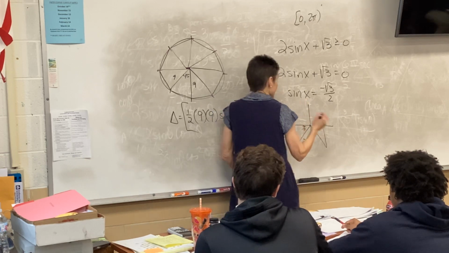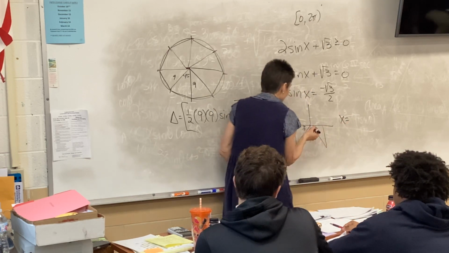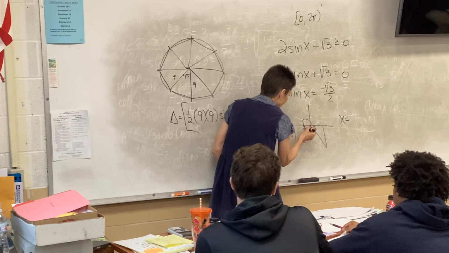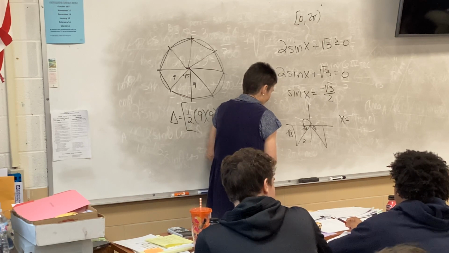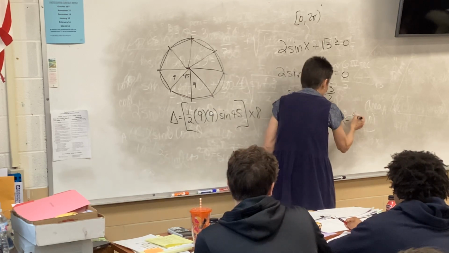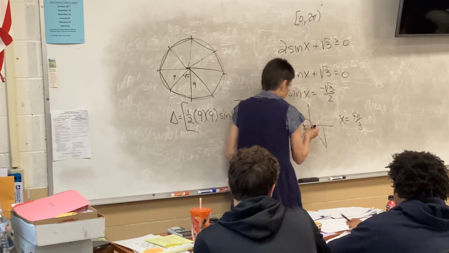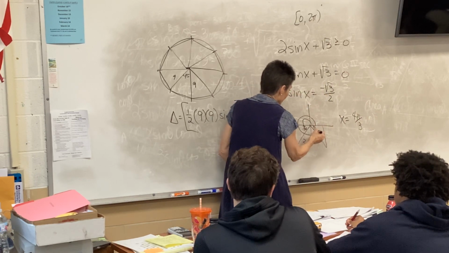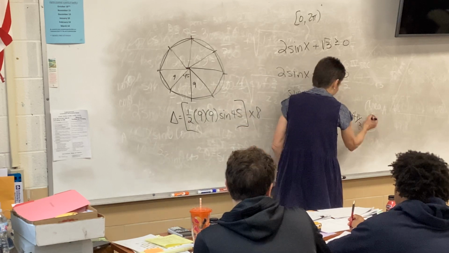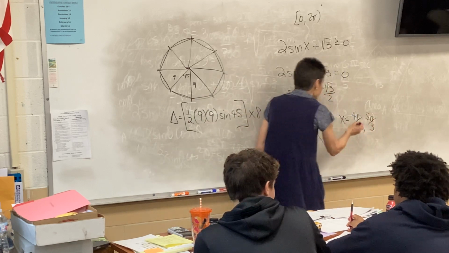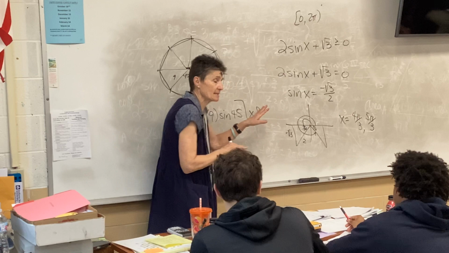But pi over 3 isn't an answer. An answer would be this, which is pi plus pi over 3, 4 pi over 3, and then this one, which is 5 pi over 3. Now, we're not done, that's not the final answer.